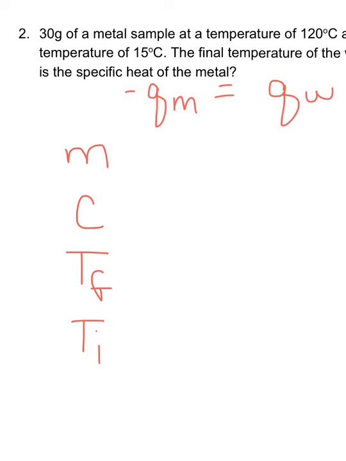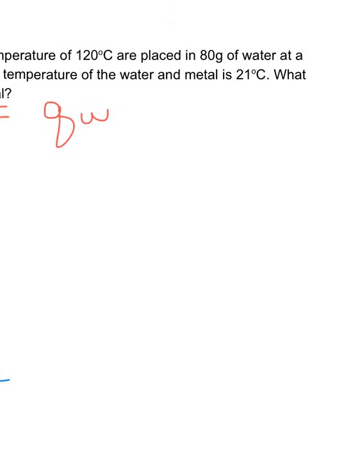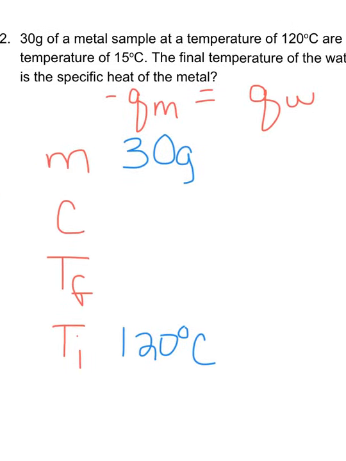So 30 grams of a metal sample. I'm going to fill this in as I read the problem. So 30 grams of a metal sample at a temperature of 120 degrees Celsius are placed in 80 grams of water at a temperature of 15 degrees Celsius.